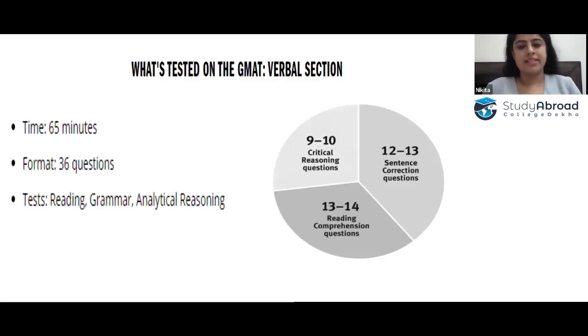Now, as I just said, we are going to discuss the Verbal section of the GMAT today. For that, we should know what type of questions appear in the Verbal section. The time that we get on the Verbal section is 65 minutes, and in 65 minutes we are supposed to solve 36 questions. These 36 questions come from three categories.